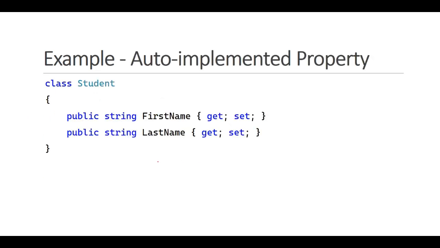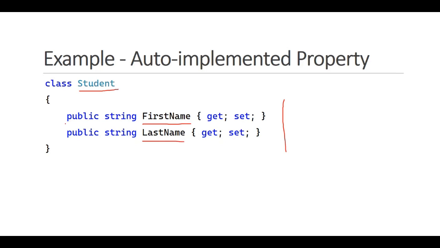Now, we are going to use auto-implemented properties. These are what we call class properties. Here in the Student class, the Student class has two properties: one of them is the first name and the other one is the last name.